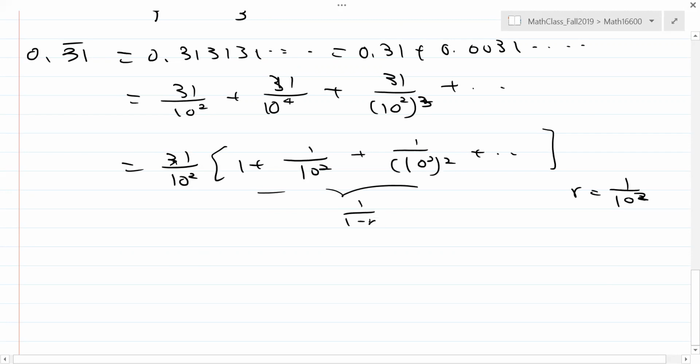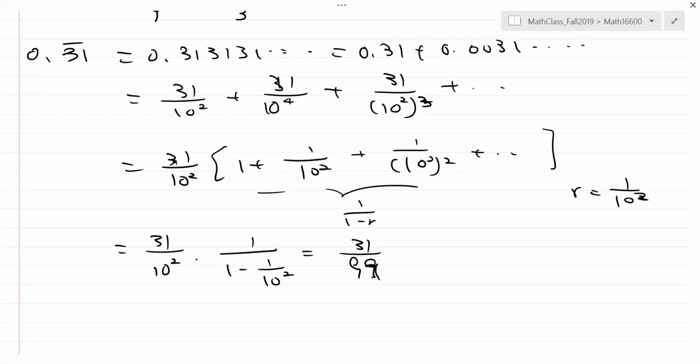So it's going to be 31 over 10 squared times 1 over 1 minus 1 over 10 squared. My answer, after simplifying, is 31 over 99. We were also told that if we have 2 digits repeated, it's those 2 digits over 99. Now we see the proof of why this is true.